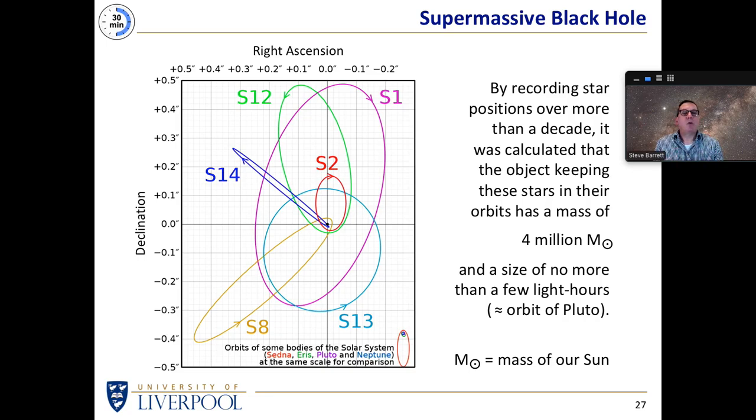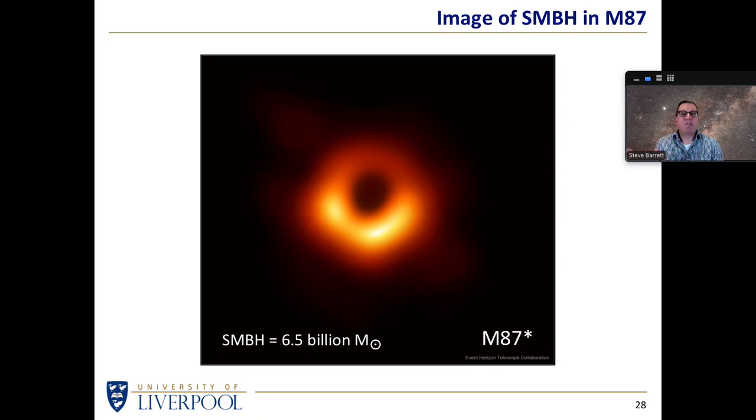Massive black holes are those with a mass of a few times our Sun, but if they are millions of times the mass of our Sun, then we refer to those as supermassive black holes. Now, we haven't directly seen the supermassive black hole at the centre of our Milky Way, but attempts were made in 2019 to observe what's going on around a black hole in another galaxy, in this case the galaxy M87, Messier 87.